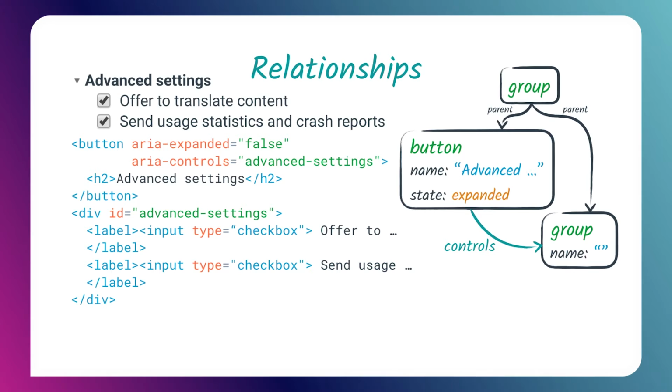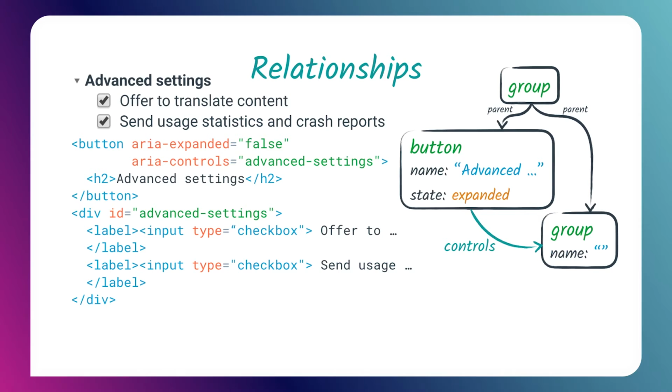ARIA can also express semantic relationships between elements, which go beyond standard DOM parent-child or sibling relationships. So for example, a more complex relationship is something like this element controls that element over there, even if they're not direct parent-child or anything. In this case, I've got a button which controls whether a particular part of the page is visible or hidden.